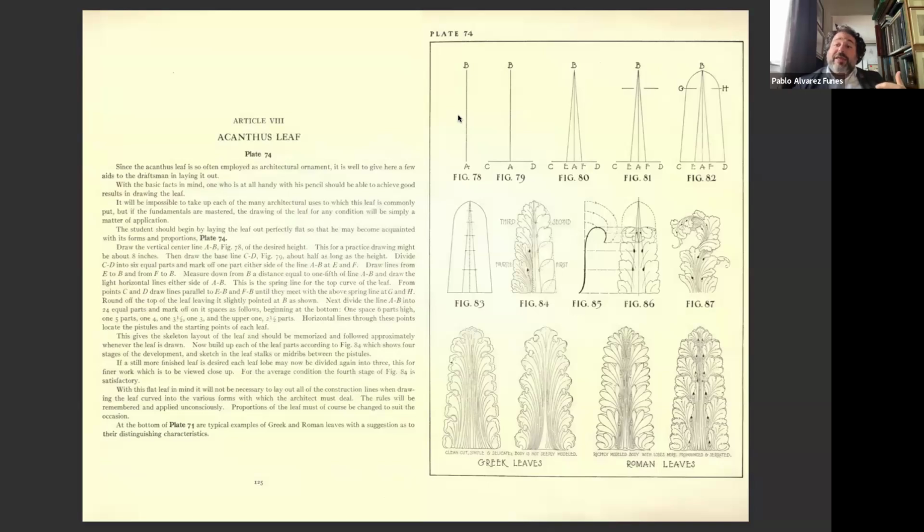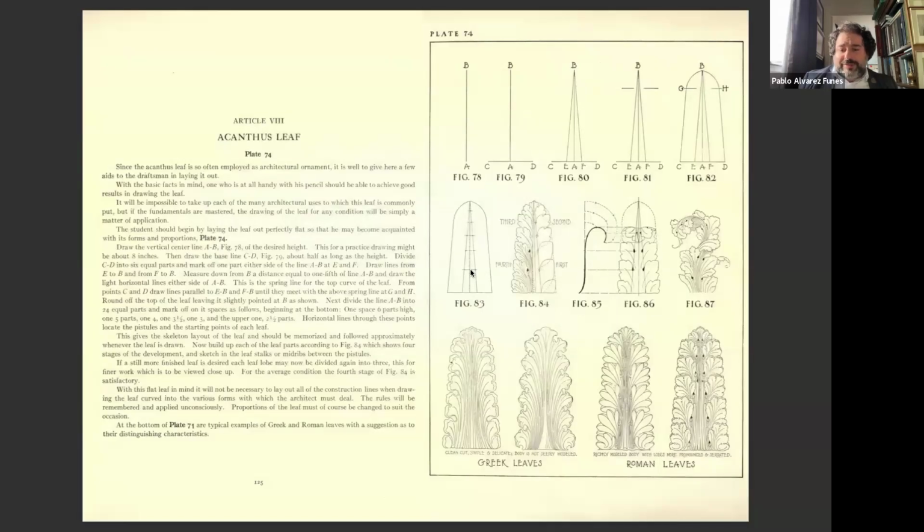But once you get the structure of the leaf, it's easy to follow. So basically, you need to get the height of the leaf. You will get the width of the leaf. You divide the width of the leaf in 3 parts. You connect the points, and then you divide this into 24 parts.